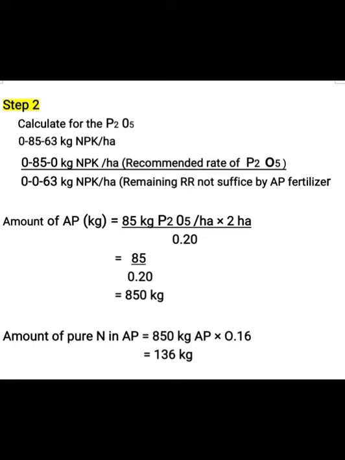I'm going to divide the pure phosphate needed per hectare by 0.20 because the ammonium phosphate contains 20% phosphate, and I get 136 kg of ammonium phosphate needed per hectare to suffice the 85 kg phosphate requirement.